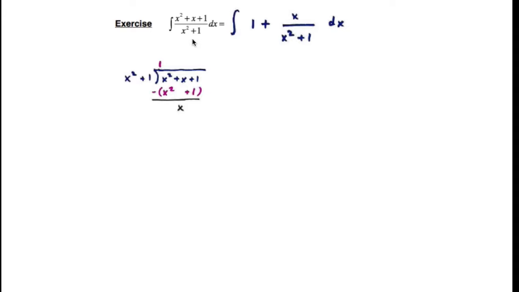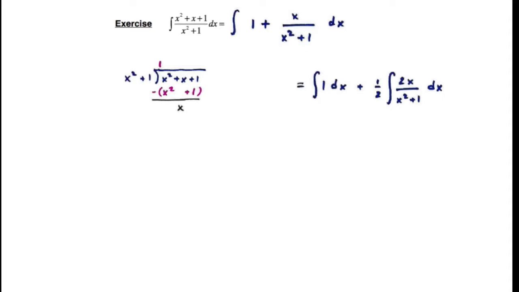This exercise is a little bit different. We don't see that we could have u prime dx anywhere. What we need to do here is first use long division. x squared plus x plus 1 divided by x squared plus 1. If you use long division, you would find that you can rewrite this as the integral of 1 plus x over x squared plus 1 dx.